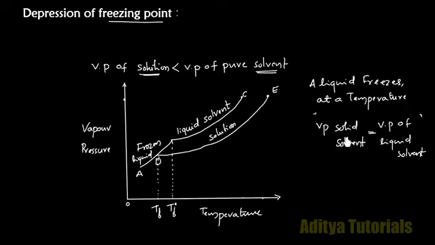We know that a solid has a low vaporization, or almost zero vaporization. If any substance has zero vapor, then it is in the form of a solid.